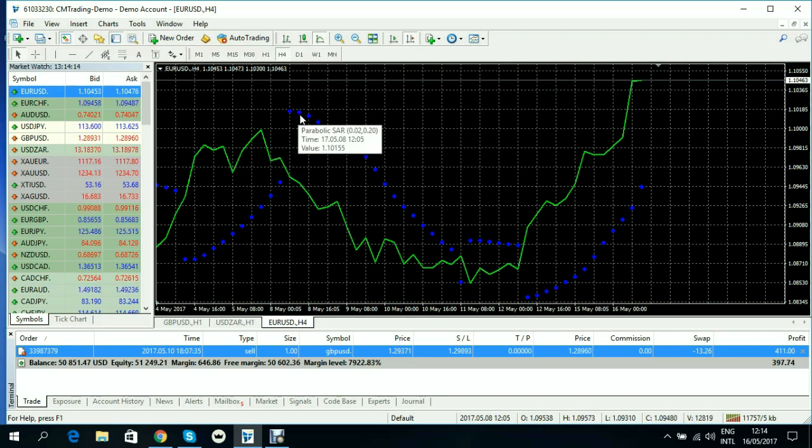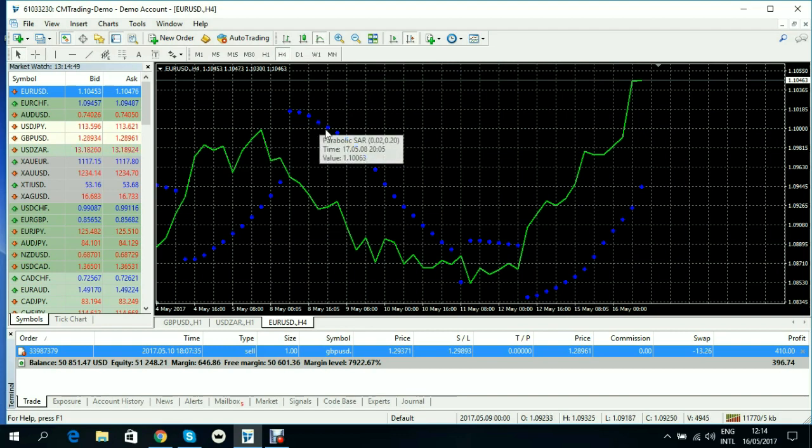Even if it's the second, third, fourth, it is still fine to enter. But it's best to enter between the first and the fourth dot.